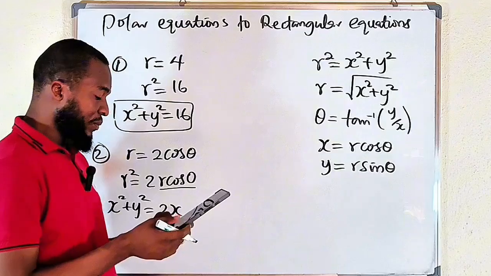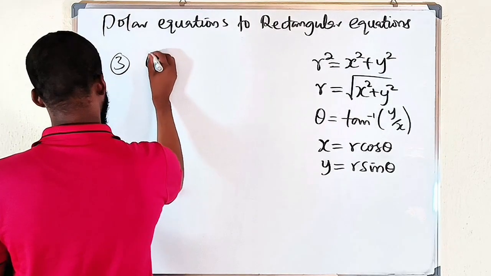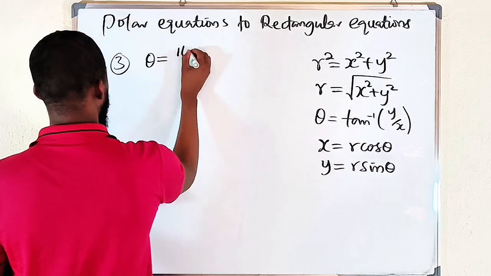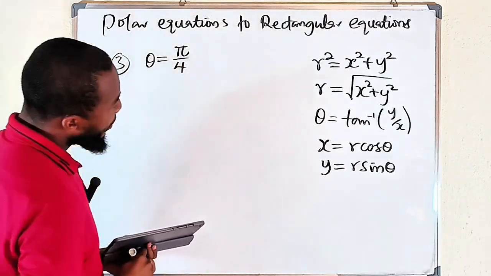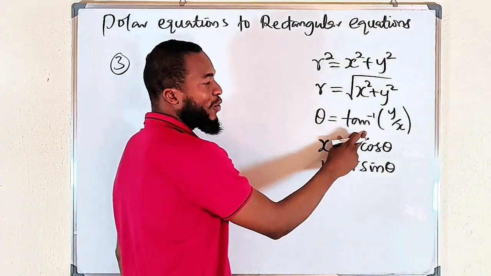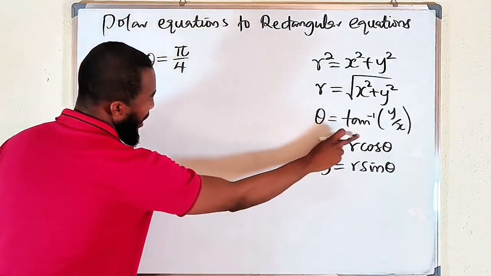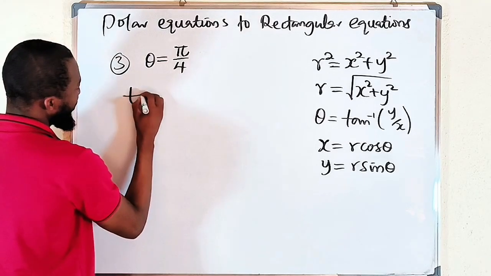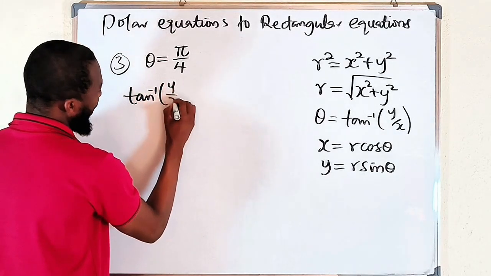Question number 3. Theta equal to pi over 4. Remember, theta is equal to tan inverse of y over x. So instead of this theta, we can now replace it with tan inverse of y over x.